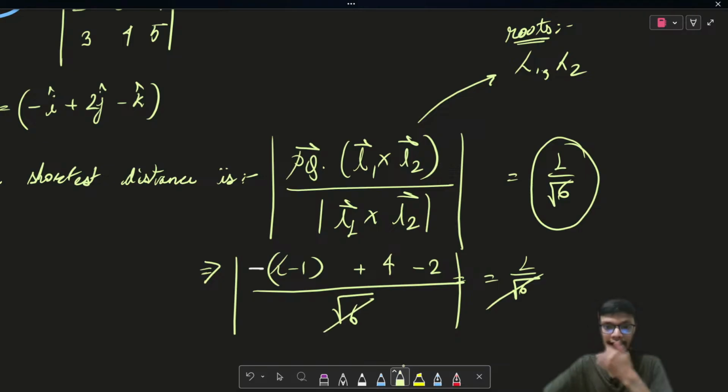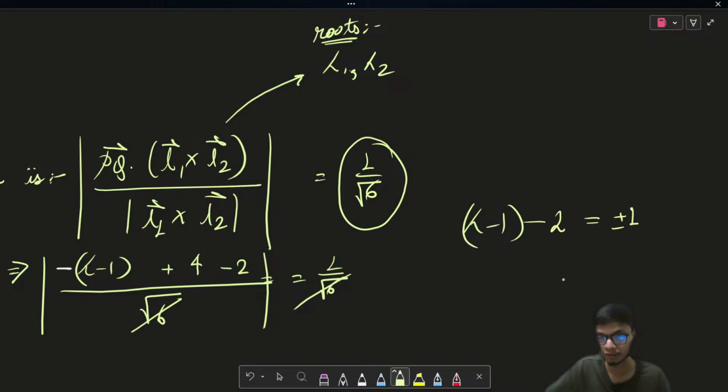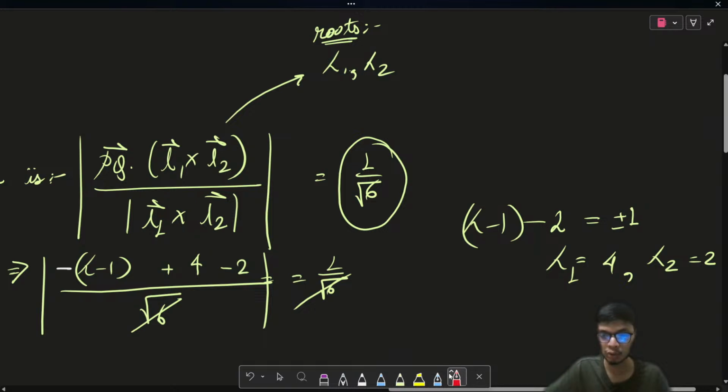So this root 6 and root 6 will cancel out, and we will have the result for lambda minus 1 minus of 2 is equal to plus or minus 1. Which will give my lambda 1 to be 4 and lambda 2 to be equal to 2. So we'll have two following values of lambda 1 and lambda 2.